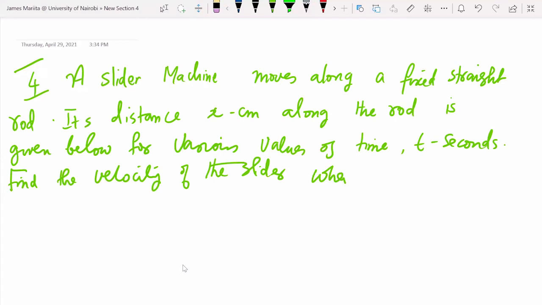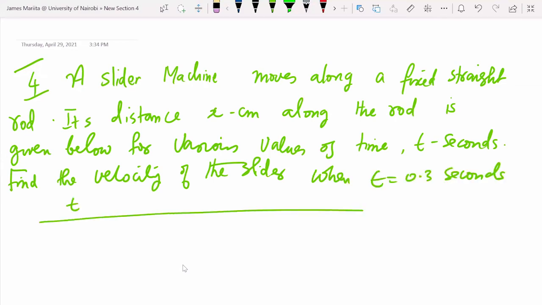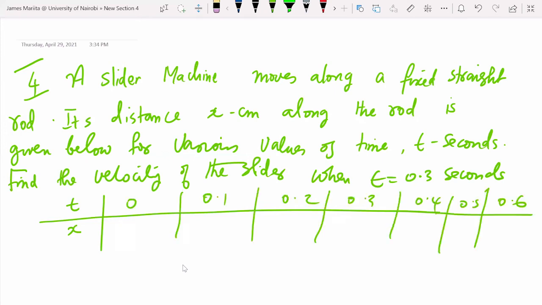So we have t in the x row: 0, 0.1, 0.2, 0.6, and 0.24.